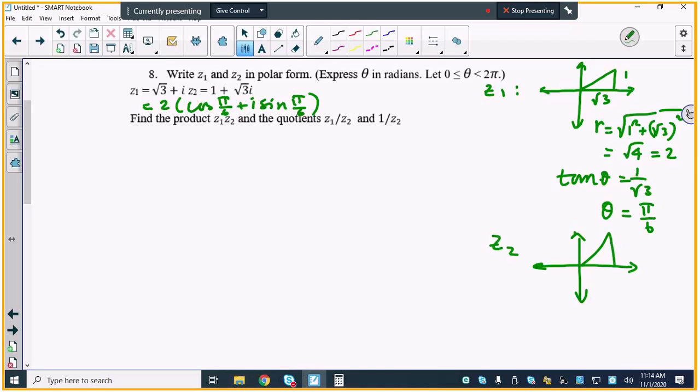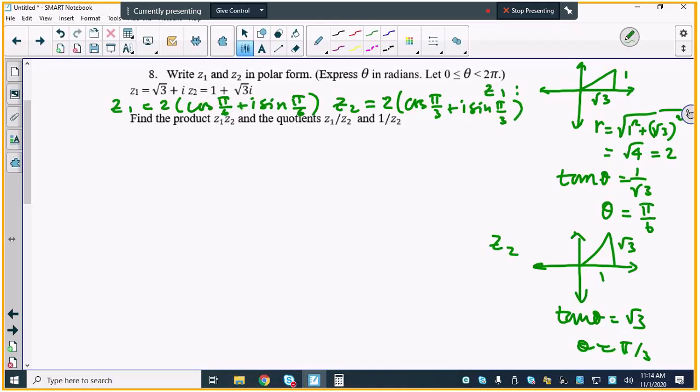So you get 2. I'm not going to do that work again. So this is square root of 3 and this is 1. So tangent theta is square root of 3. So theta is pi over 3. So I get to say that z2 is the complex number given by 2 times cosine pi over 3 plus i sine pi over 3.